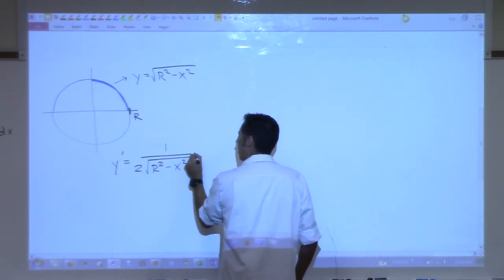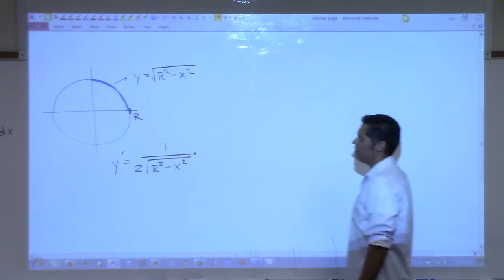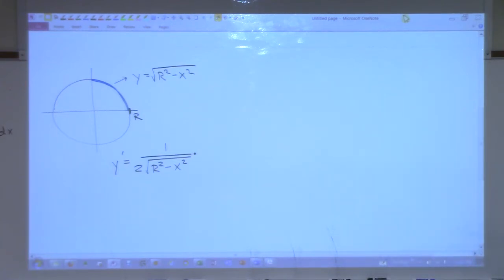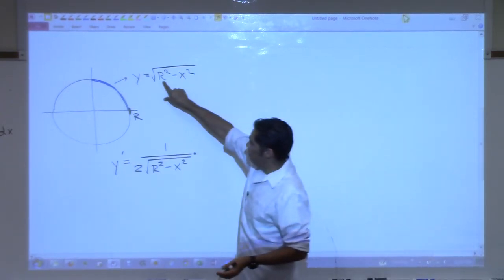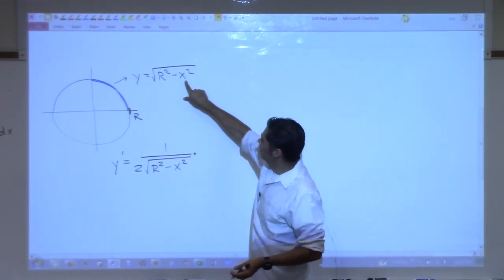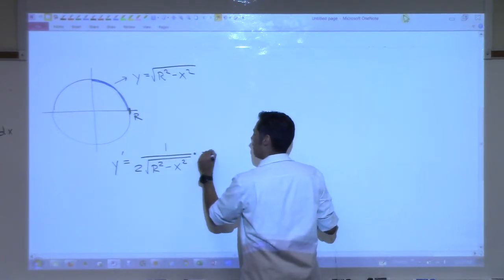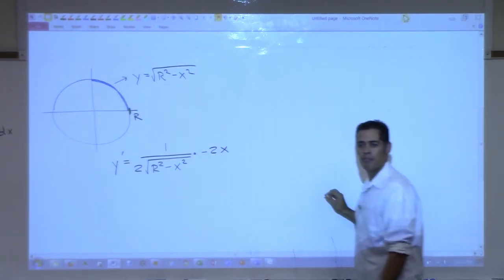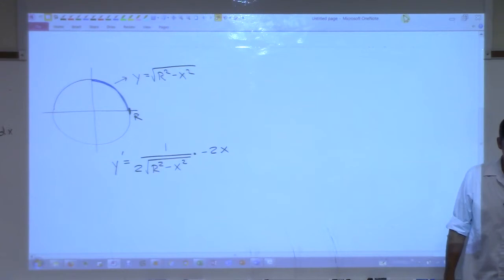Chain rule says now times the derivative of what's inside. What's the derivative of what's inside? So remember, capital R is a constant. So capital R squared is a constant. So the derivative of that is 0, right? Derivative of that, 0. Derivative of that, negative 2x, right? Okay, so that's our derivative.